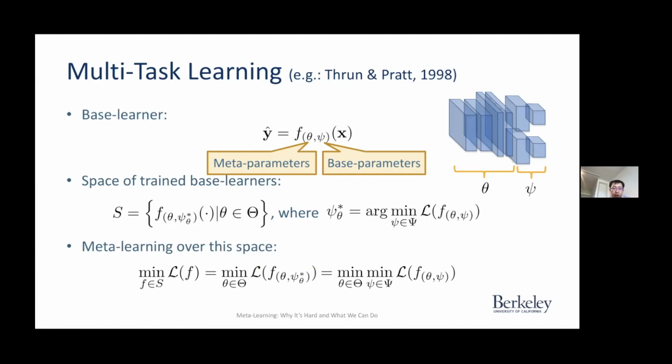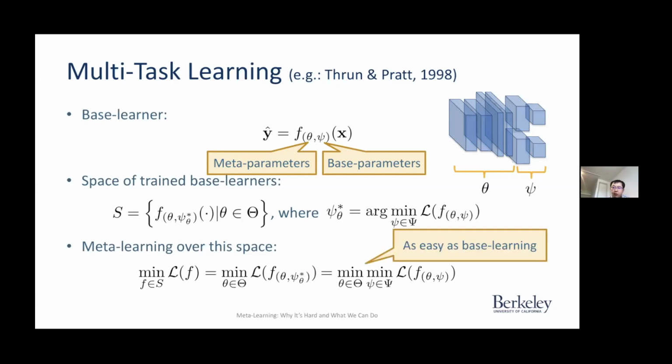What we are essentially doing is finding the base learner f where the meta parameters are optimal with respect to the loss that we have. So we first minimize over the meta parameters, and then in the inner loop, we minimize over the base parameters.